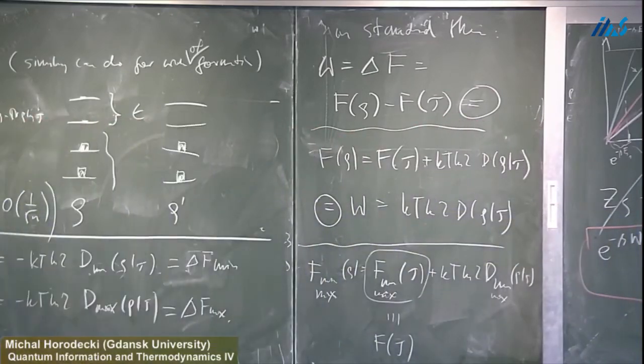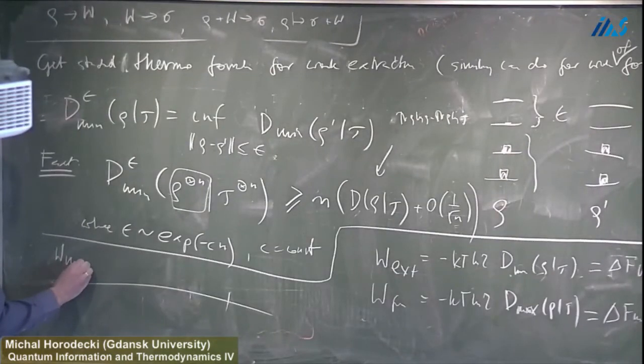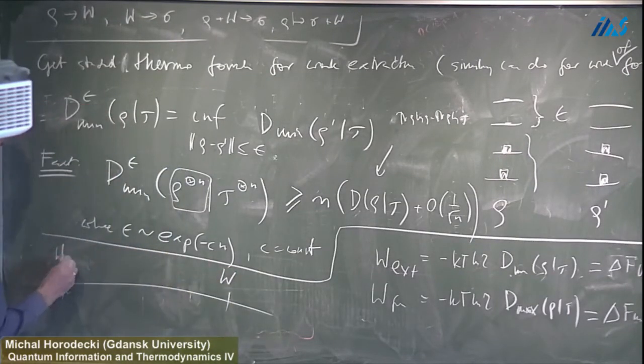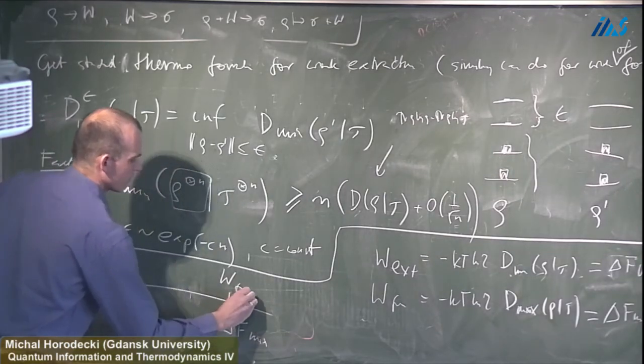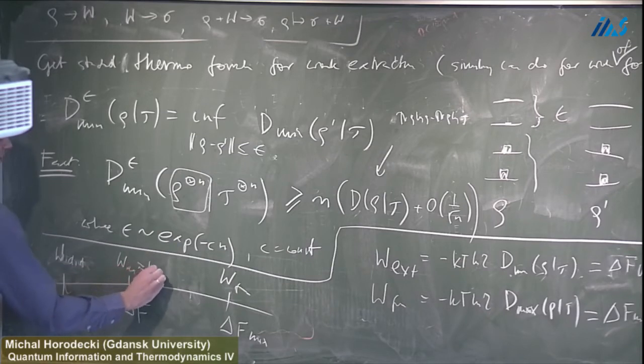So the picture is this. You have irreversibility. This is the work of distillation, which is this delta F min, and the work of formation, delta F max, and somewhere between you have delta F, which is the standard work. Distillation is equal to work of formation in this many copy limit.